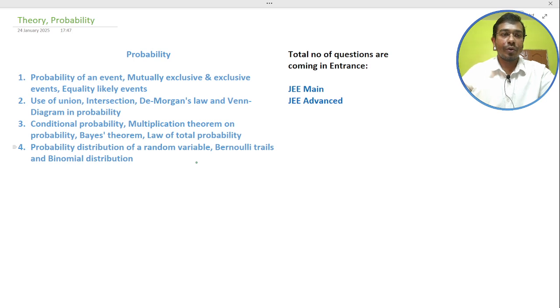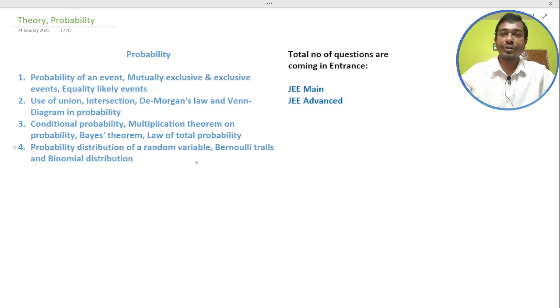We now cover these topics: the probability of an event, mutually exclusive events, equally likely events, use of union, intersection, De Morgan law and Venn diagram in probability, conditional probability, multiplication theorem on probability, Bayes theorem, laws of total probability, probability distribution of a random variable, Bernoulli trials and binomial distribution.